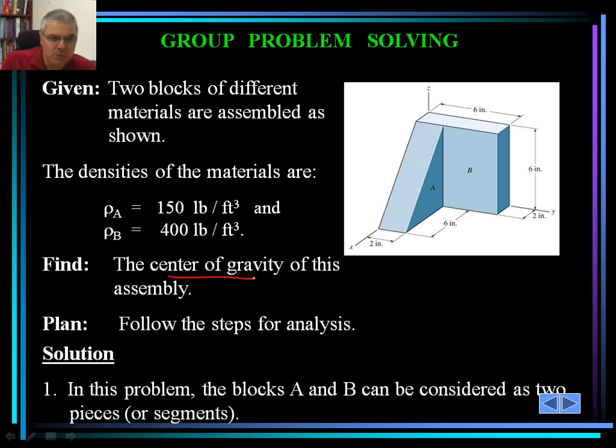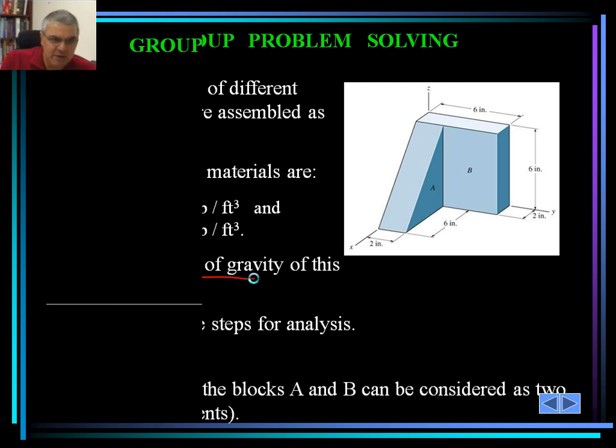So we're going to take a look at each block as a separate piece, and we would follow the same procedure that we did for calculating the composite cross section.